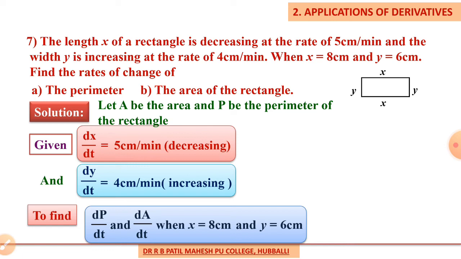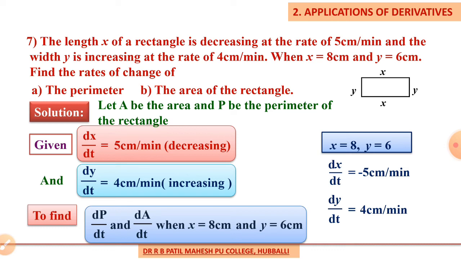dP by dt, and the change in the area of the rectangle with respect to time t, that is dA by dt, when x equal to 8 cm and y equal to 6 cm.